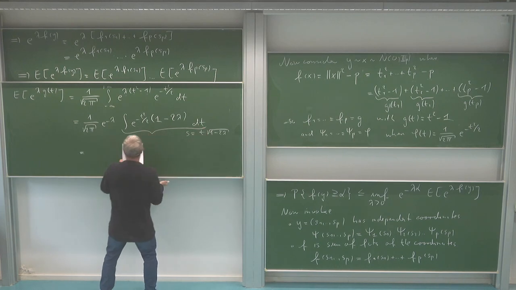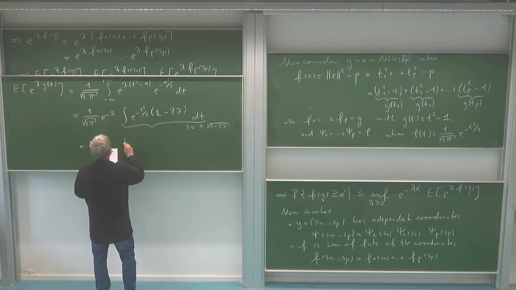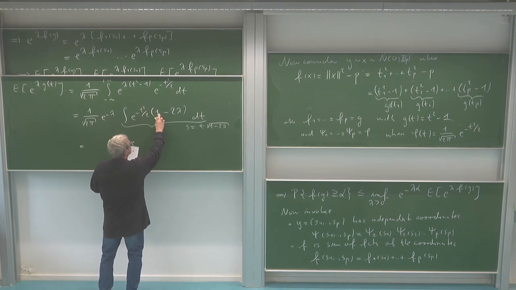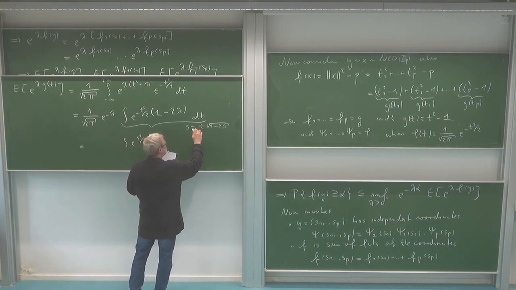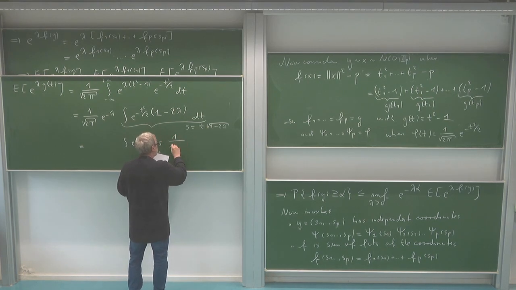Let me write this here. So this is the same as the integral now. So t squared times this here is now s squared divided by 2. And then I have a ds, but I also have, the dt is ds divided by this, so I also have 1 over the square root of 1 minus 2 lambda.